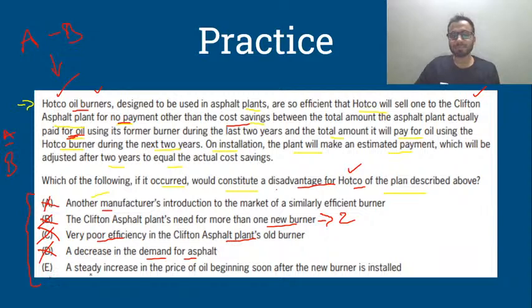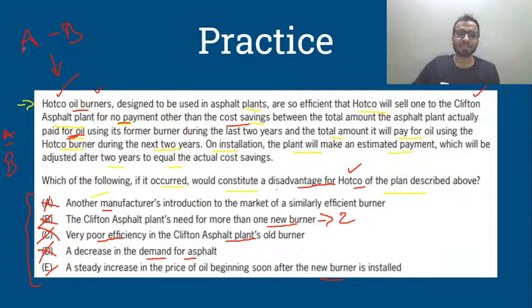E. A steady increase in the price of oil beginning soon after the new burner is installed. Now, this makes sense because even if Hotco is saving on oil in terms of the amount of oil it will need to purchase, if the price of the oil goes up, then the spending on the oil also goes up, right?